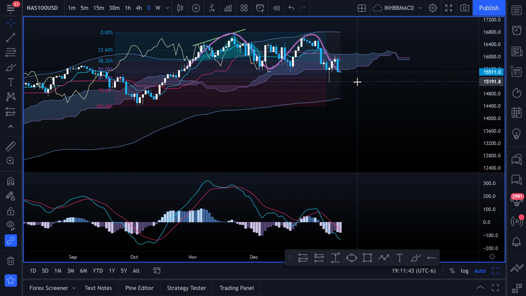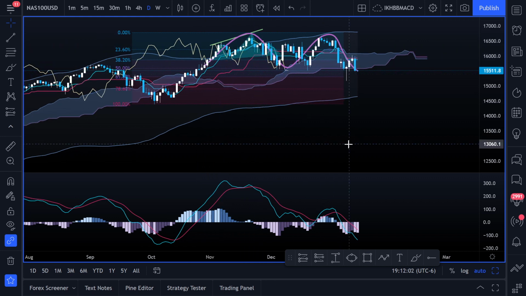So it's very likely that if the price is able to break below the 50% level, which is also a confluence level with the neckline of this double bottom pattern, I mean double top pattern, we will see the Bitcoin price dumping. I mean, this is not Bitcoin, this is NASDAQ 100.